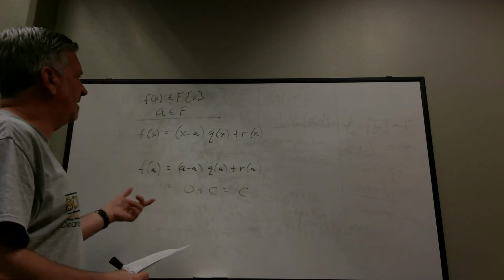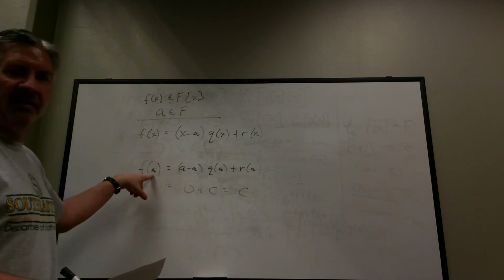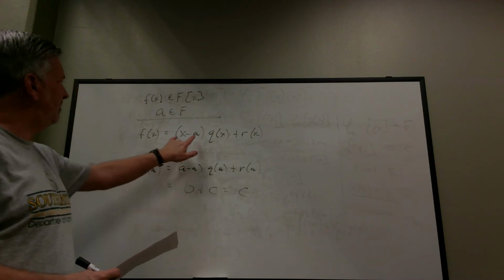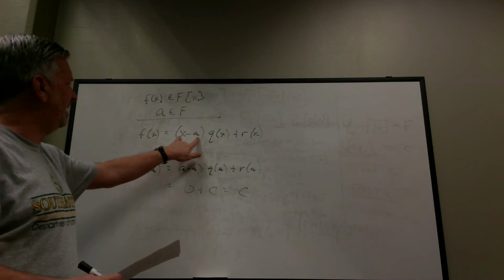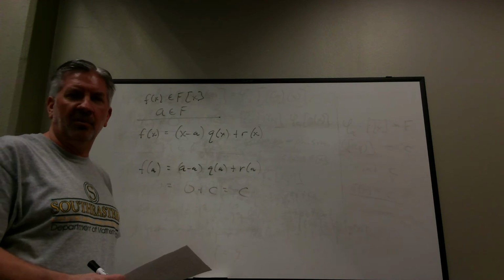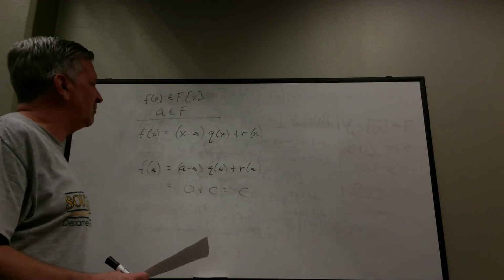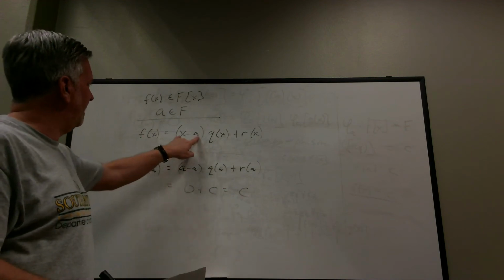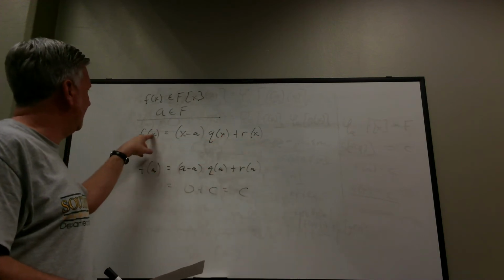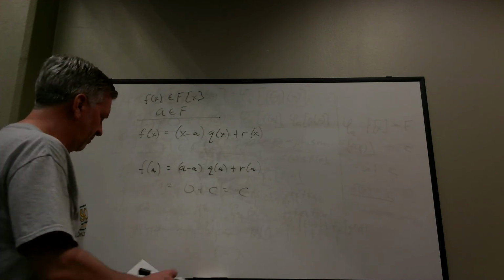Well, it's f of a, because I said r of x was c, but that's the same thing as f of a. So if you ever want to know the remainder when you divide by a term of the form x minus a, just plug a into f, and whatever answer you get is going to be the remainder. The remainder is obviously going to be constant. We proved that. If you divide f of x by x minus a, r of x is a constant. So you plug a into f of x, and that'll give you the value of the remainder.